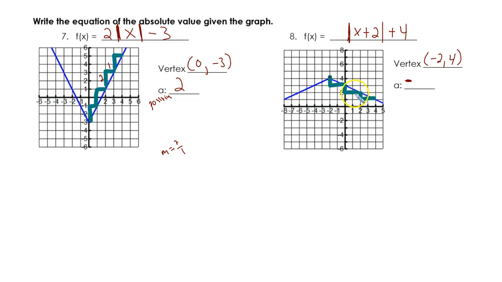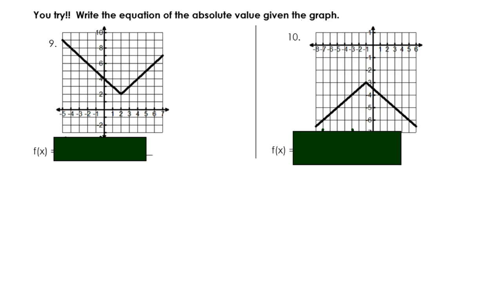Down 1, right 2 is a slope of negative 1 over 2, which is why a is going to be a shrink of 1/2, and the negative is the reflection that causes it to go down. So our final function is f of x equals negative 1/2 times the absolute value of x plus 2, close absolute value, plus 4. Hope you're finding this to be pretty simple.